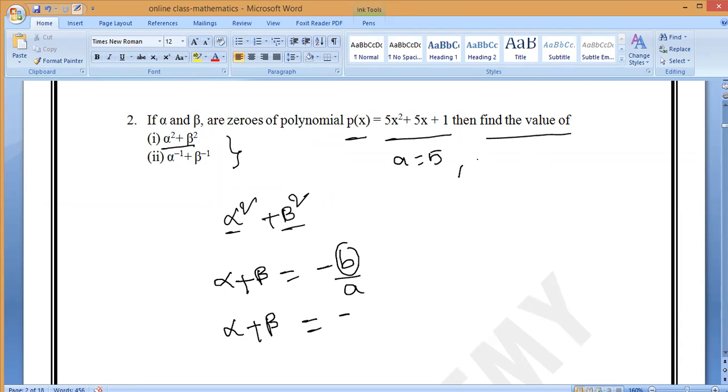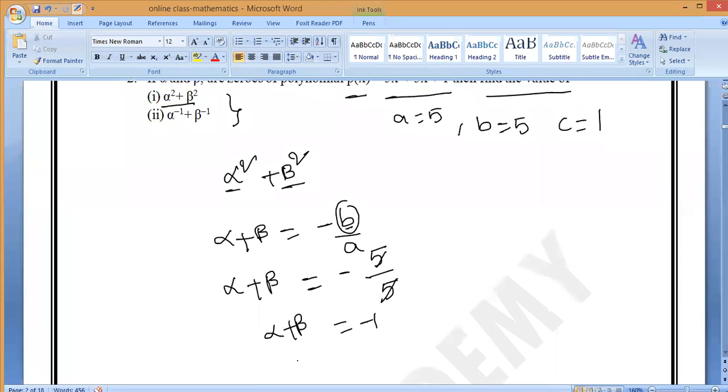A is 5. C is equal to 1. Substitute b and a values. Minus 5 by 5, minus 5 gets cancelled, which is equal to minus 1. Here we get alpha plus beta equal to minus 1.